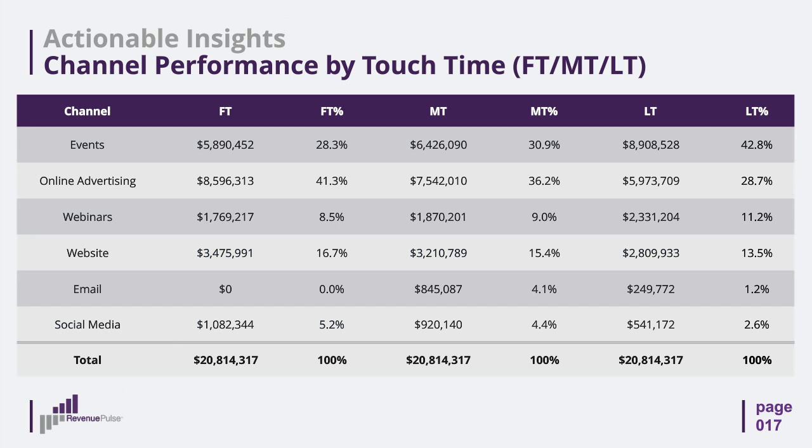So by looking at the channel performance across these three attribution methods, we can start to see that, for example, here, events have a much higher percentage of last touch attribution than first touch, which really lets us know that it does a great job of converting leads into opportunities, whereas online advertising and the website actually have greater attribution percentages when we talk about first touch.